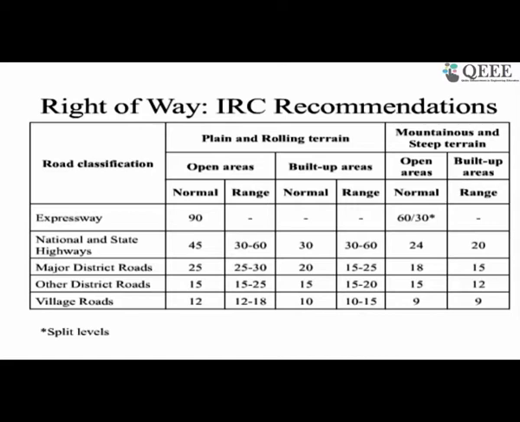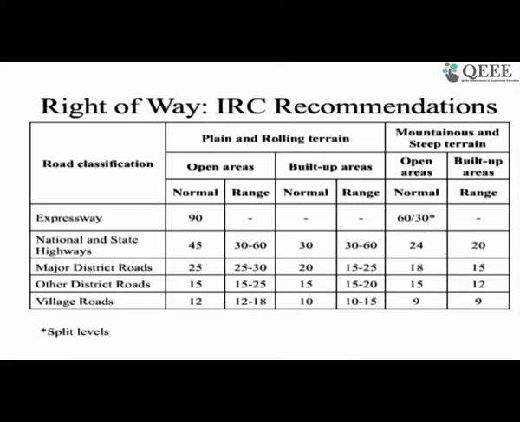So when you split it, each side is considered a separate alignment. Technically, we consider it as a separate alignment. When we consider it as a separate alignment, for each alignment we need 30 meter right of way. So 30 plus 30, it will add up to 60 meter.